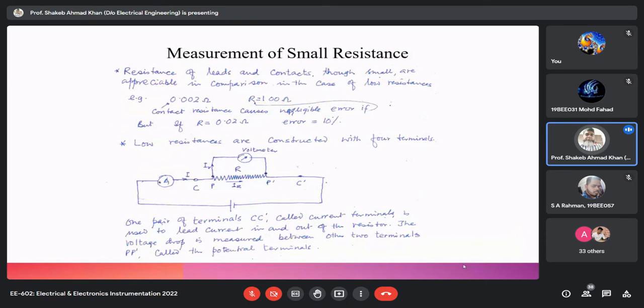Now we are coming to measurement of small resistance, and the very first point that gives you the reason why these methods we have studied won't fetch accurate results is that the small resistance measurement challenge is basically the resistance of lead and contact.